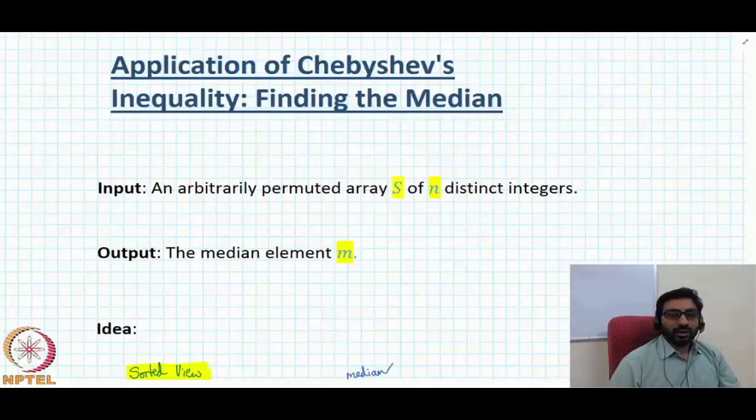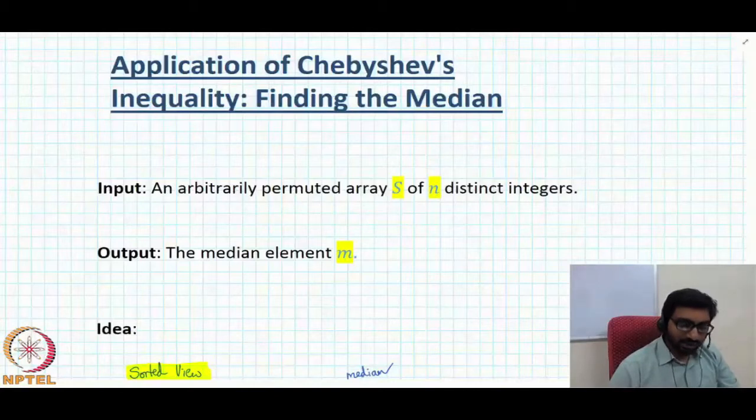We are now going to look at a very fundamental problem, and it will also serve as an application of Chebyshev's inequality. The problem is that of finding the median element in an unsorted array. So the input is an array S of n distinct integers.